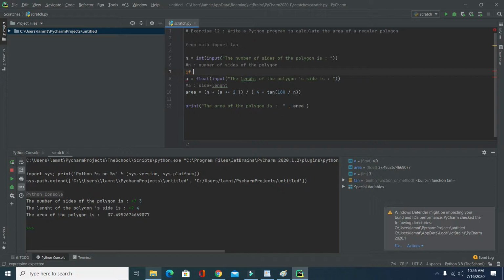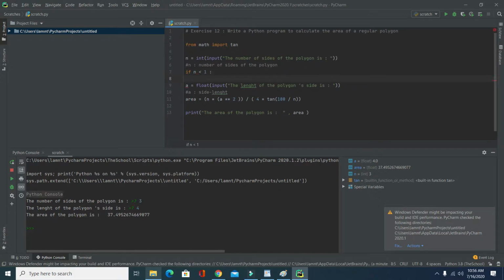If you enter 2, it's going to be false, and if you enter 1, it's going to be false. So if n is smaller than 1, then print wrong input.